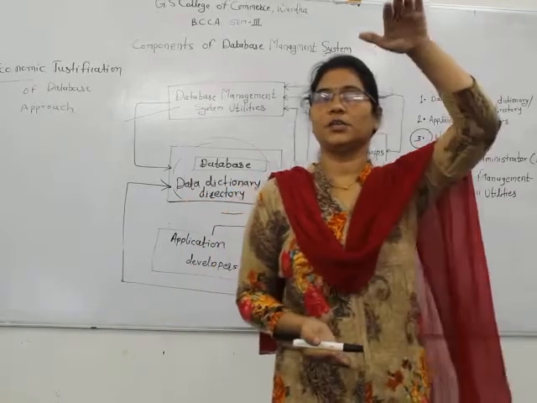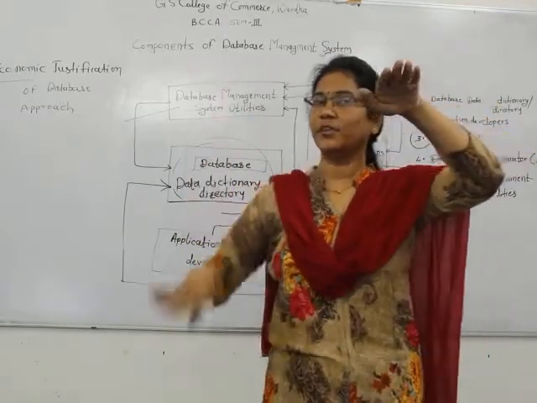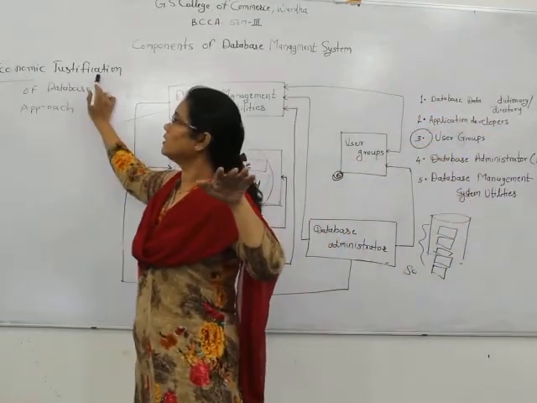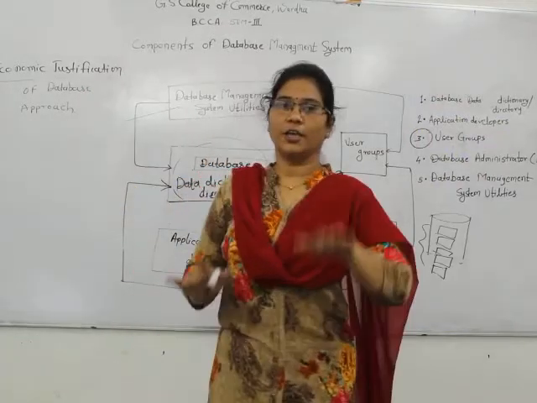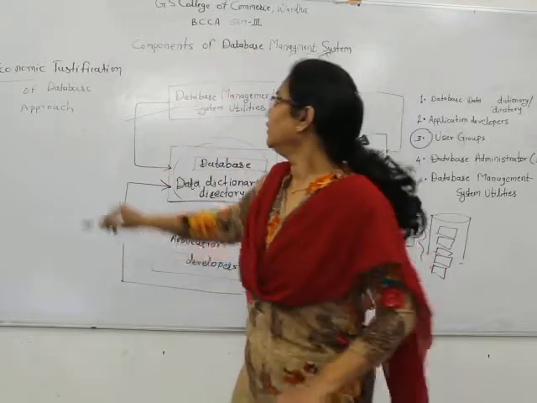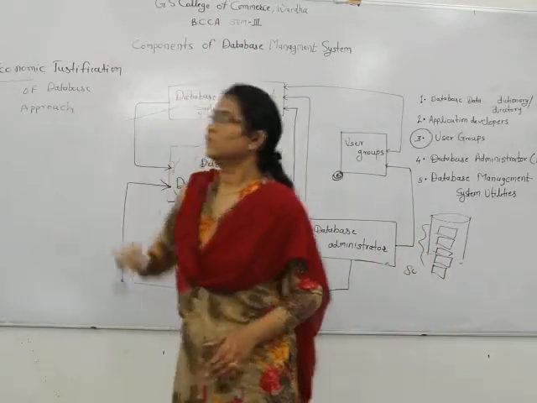If the cost is high and the benefits are low, the system is not justified. Economically, the system is not justified. If the cost is low and the benefits are high, then this system is economically justified.